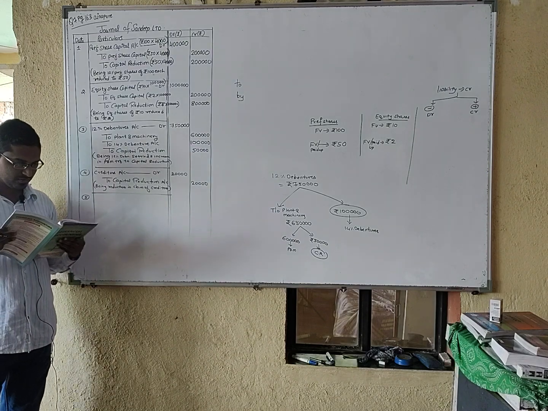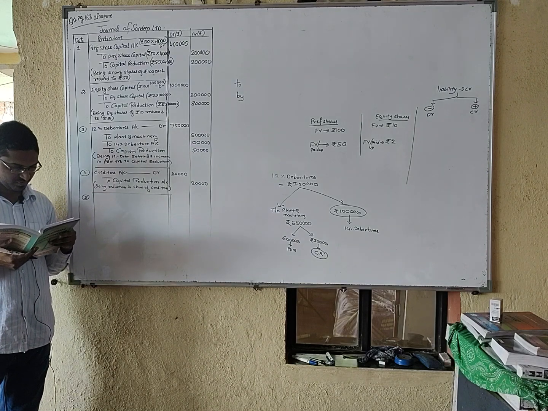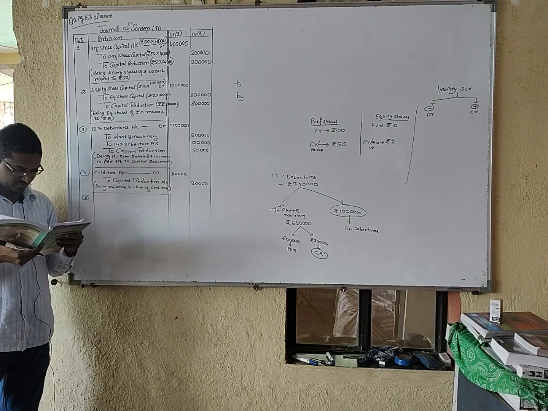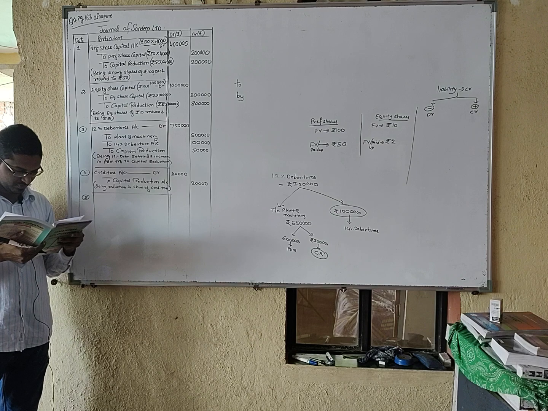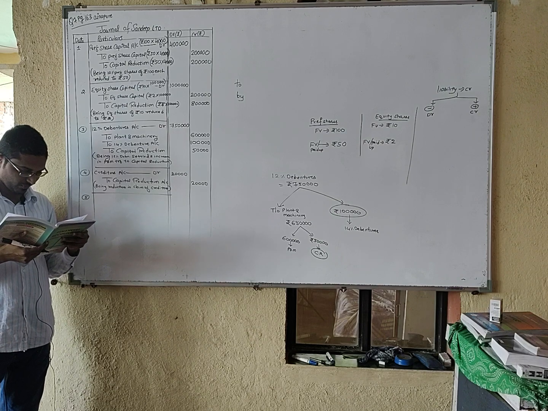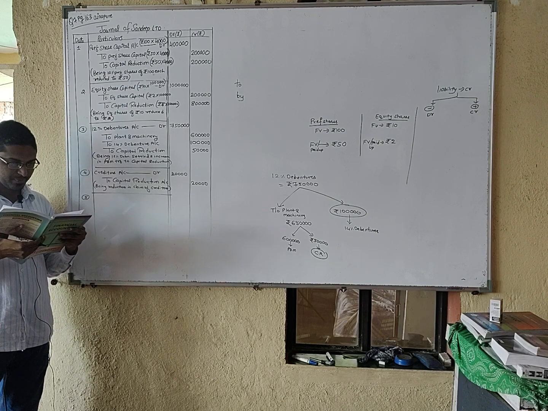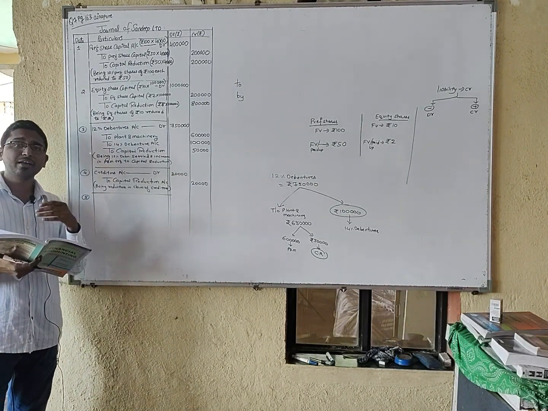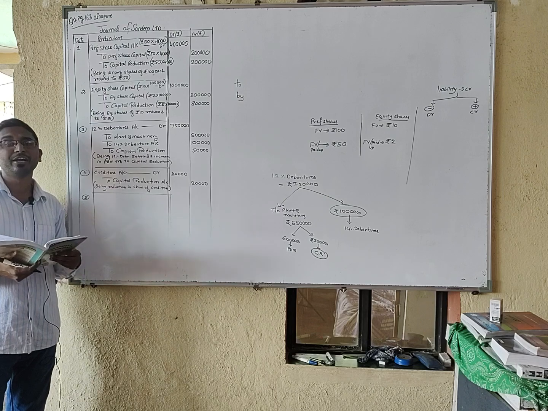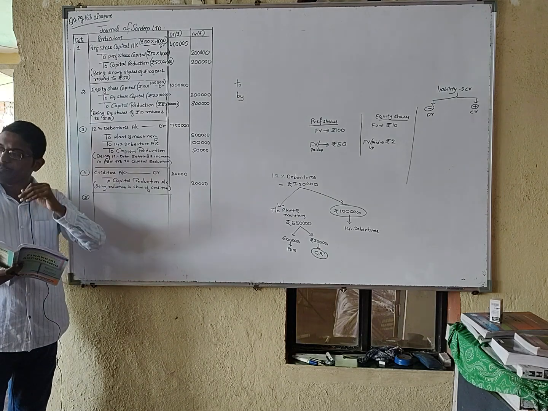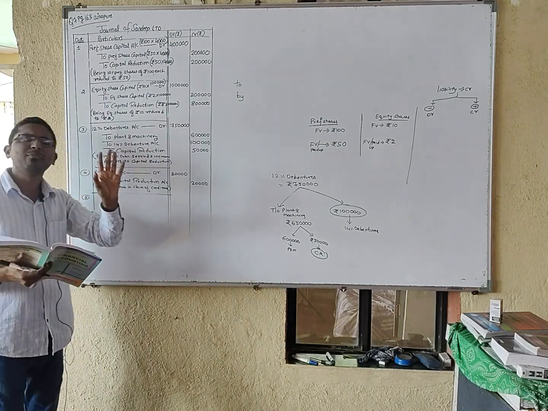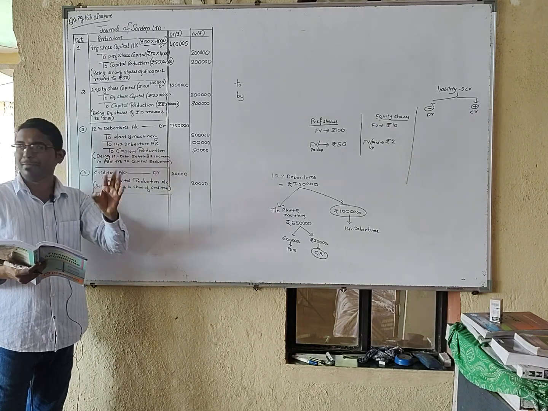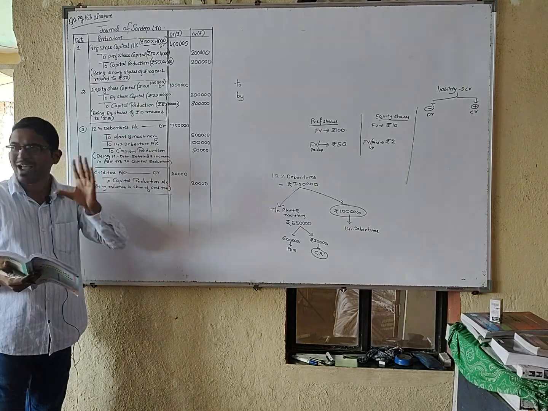And further, what they are saying? Bills payable to be paid immediately. So bills payable is a liability. So when we pay a liability, what is the entry for payment of liability? Capital reduction account debit to bank. Okay. Any liability. Entry for payment of liability in internal reconstruction is capital reduction account debit to bank account.